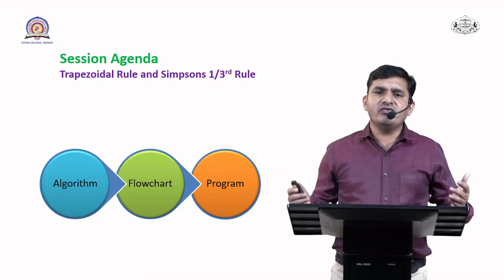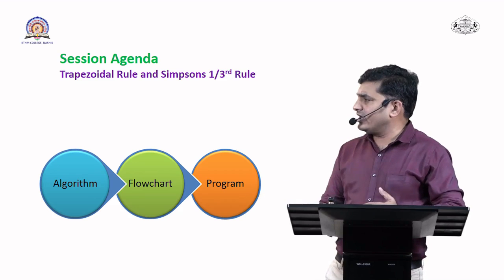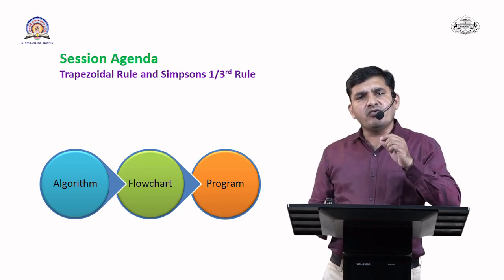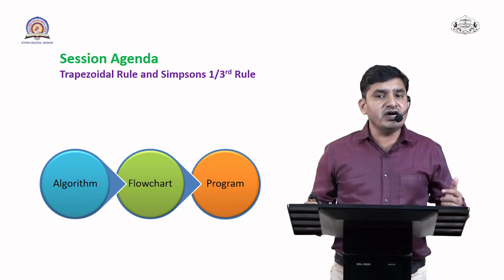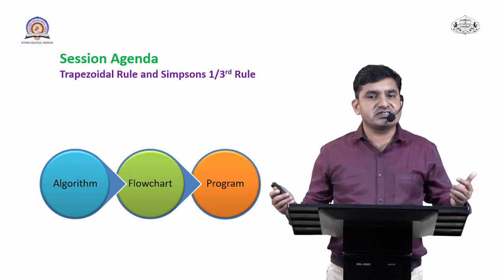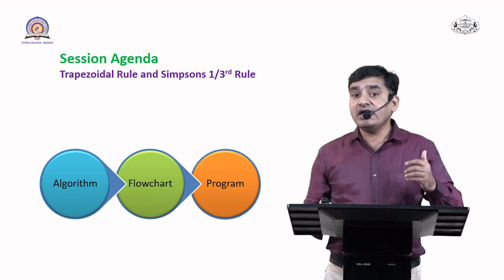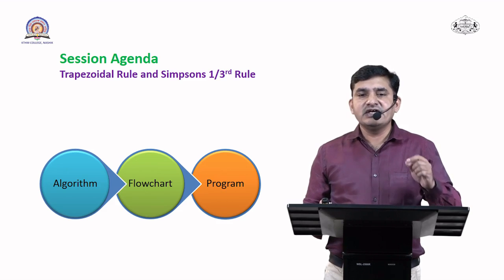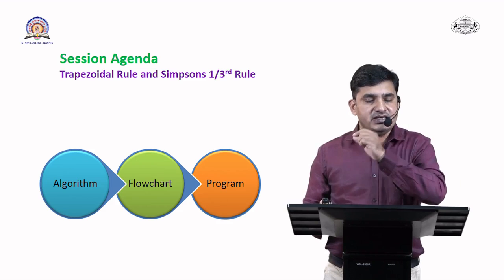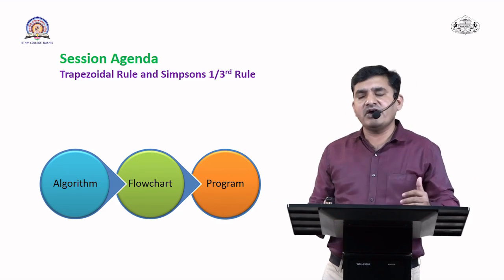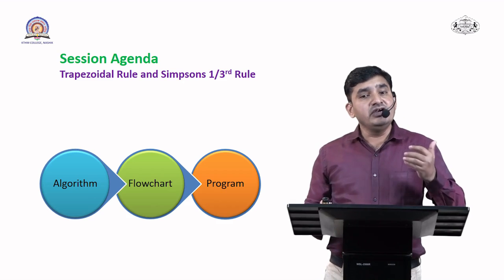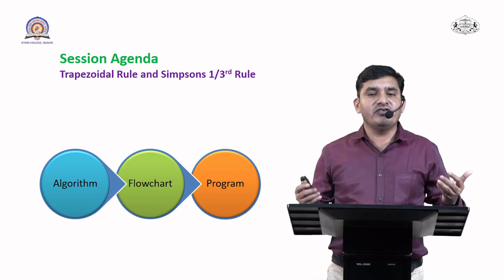We can find y0 by using the formula y0 is equal to f of x0, y1 is f of x1, yn is f of xn. So by using this formula we can determine the integration of a given function.